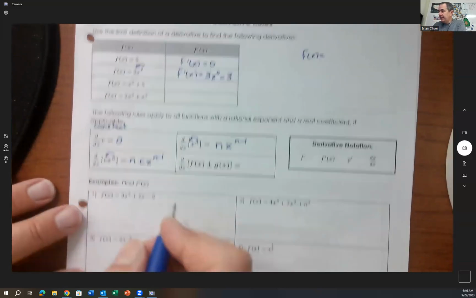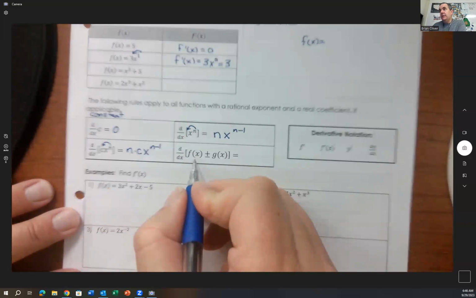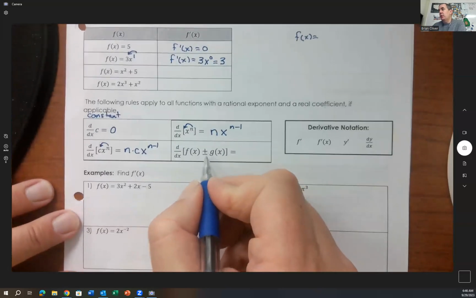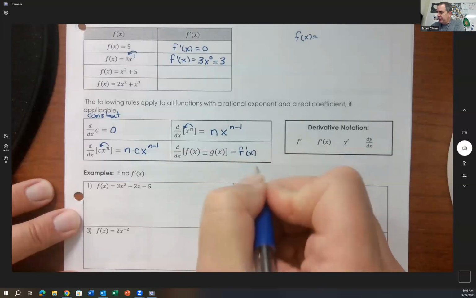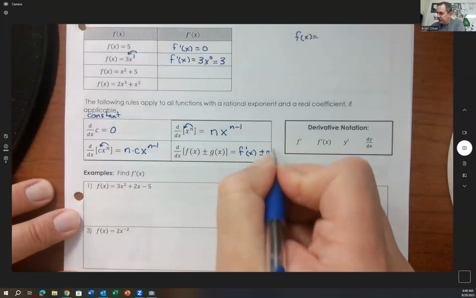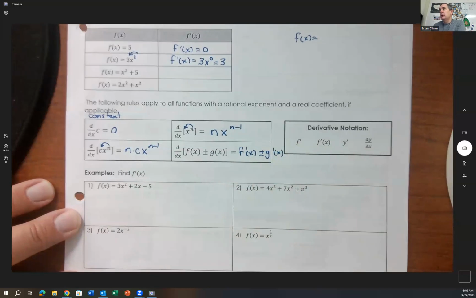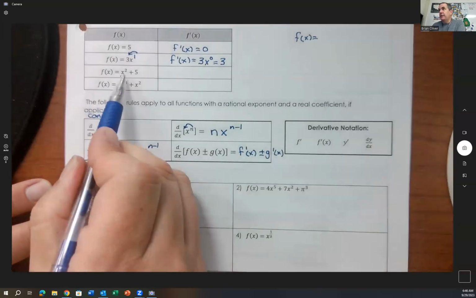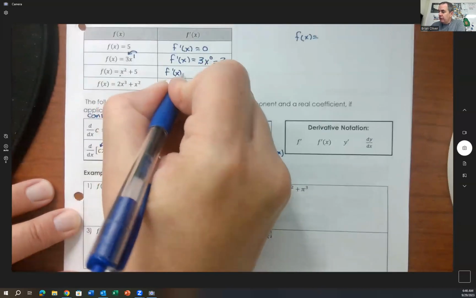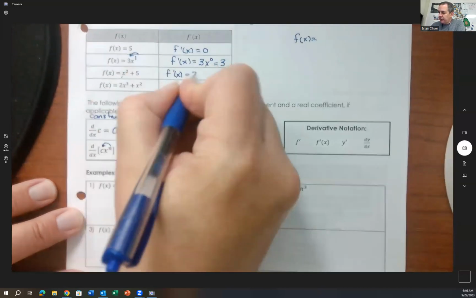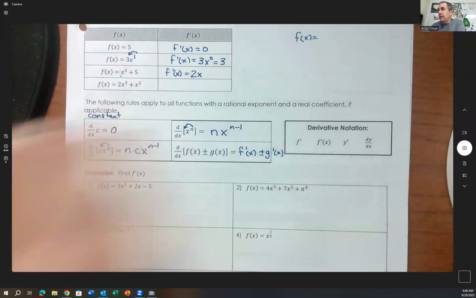Okay. And then the last rule here is if I take the derivative of a sum or a difference, it's equal to the derivative of the first plus or minus the derivative of the second. So in other words, x squared plus 5. I take the derivative of x squared: the 2 comes to the front, the exponent drops by 1, it becomes 2x.